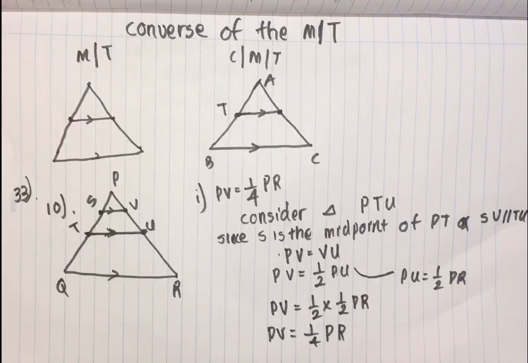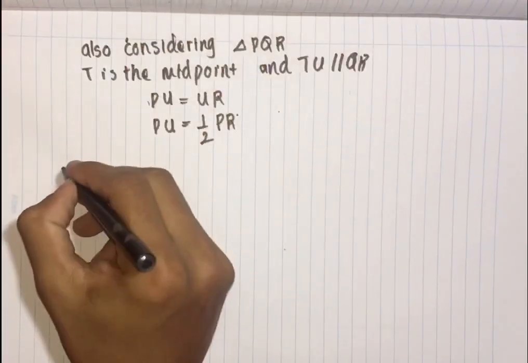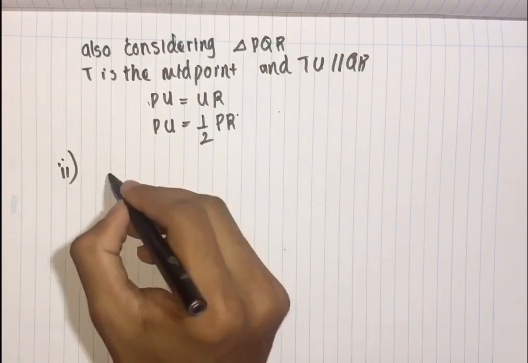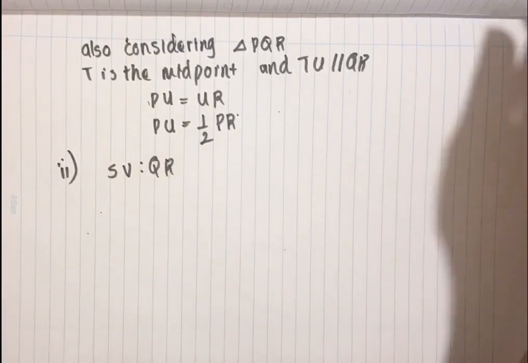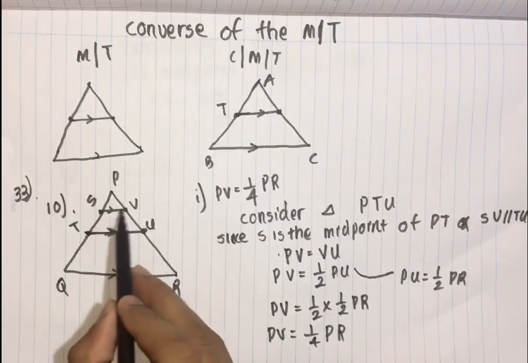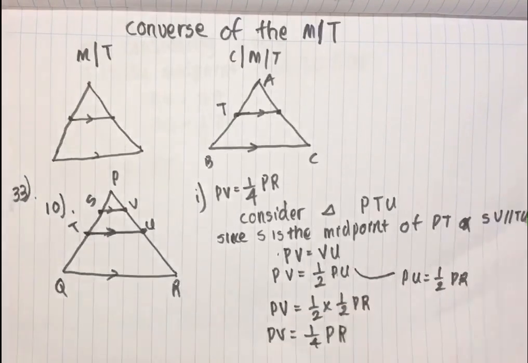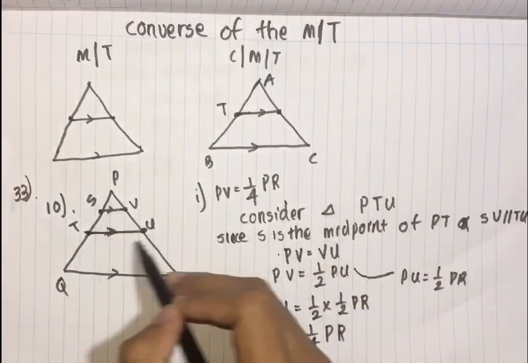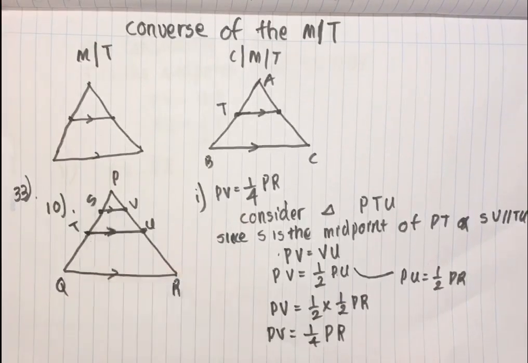Okay, and the second part of this question: you have to determine the ratio of SV to QR. SV is the smaller length. Using the midpoint theorem, SV is equal to half the length of TU.